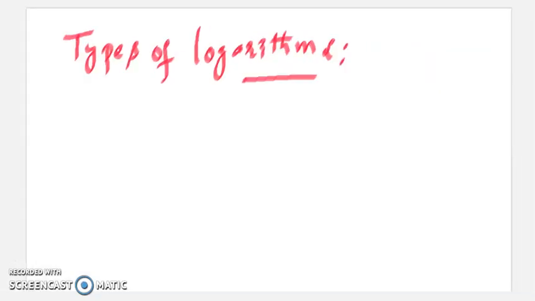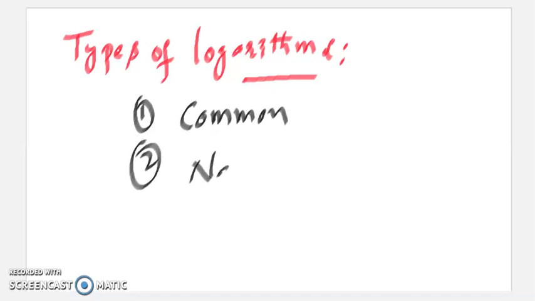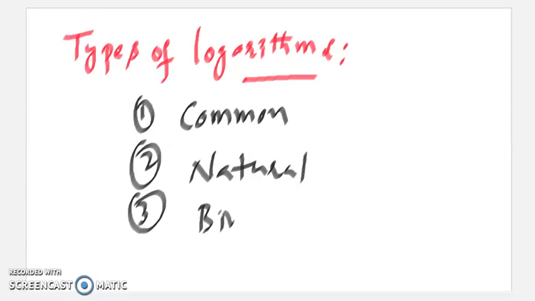Now, types of logarithms. How many types of logarithms are there? Mainly, there are three types. One is the common logarithm. Second one is the natural logarithm. Third one is the binary logarithm. What is the common logarithm?